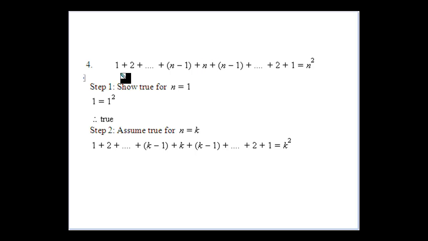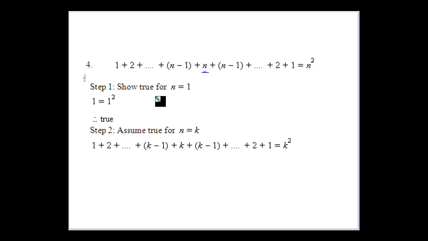It's really important to realize that every term is repeated in that process except for the middle one. The middle one's the only one where we've got only one of each term. There's 2 1s, 2 2s, 2 3s, right through to 2 lots of n minus 1, but only 1 lot of n. And that sum is equal to n squared.